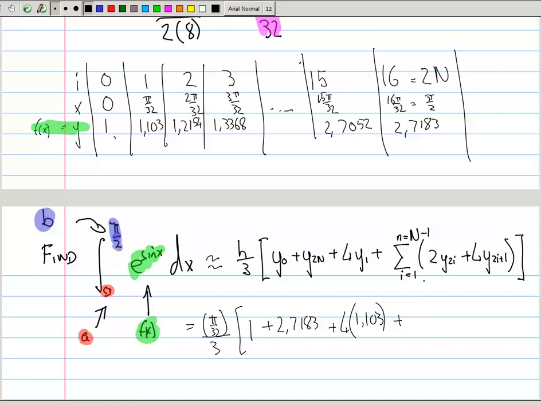So we end up with 2 times, this will be 1.2154 plus 4 times 1.3368, plus, we're going to continue, I'm going to put the dot dot dot, plus term 15, which is going to be, remember, we always end on an odd term because 2i plus 1, plus 4 times 2.7052.